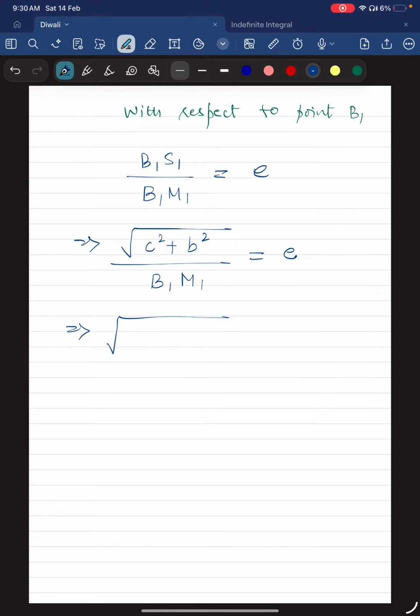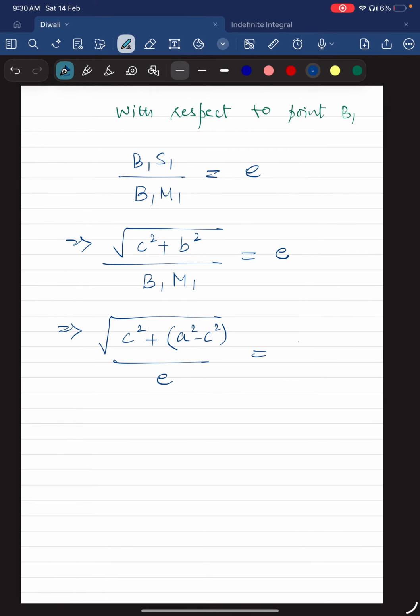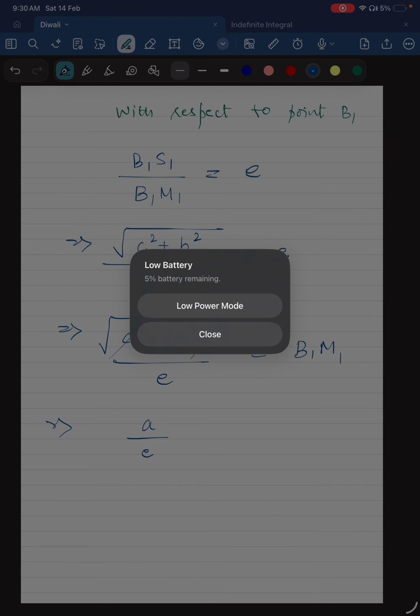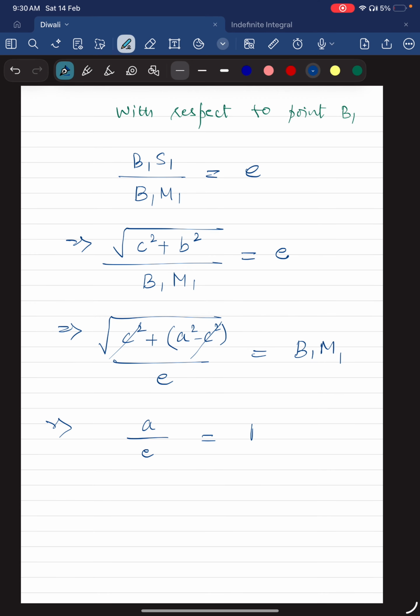As we already know that B square was written in place of A square minus C square. E is cross multiplied here and B1 M1 here. So C square gets cancelled out, and under root of A square becomes A upon E, which is the value of B1 M1.